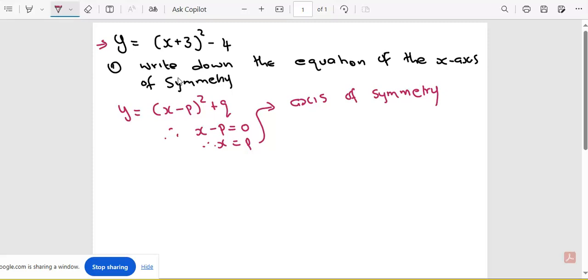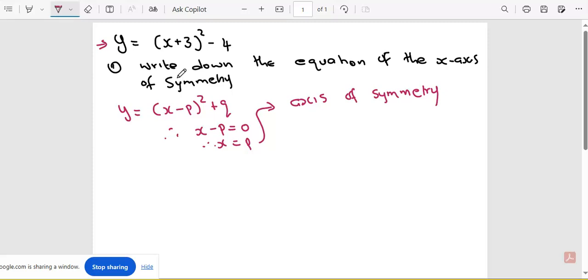Then tell me what your x is. Is x equal to -3, sir? Exactly. That's very correct. x is equal to -3.